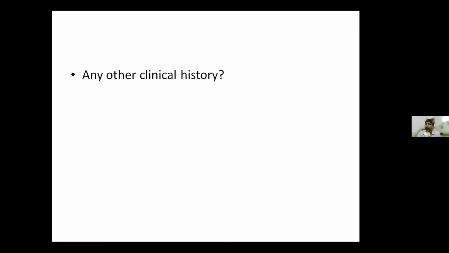Anything else you would like to? Yeah. So here, as Dr. Rahul wants to quantify the excessive daytime sleepiness, we can use the Epworth sleepiness scale. Or any other scale do you use, or the Epworth sleepiness scale? I think STOP-Bang is a very good scale. STOP-Bang?